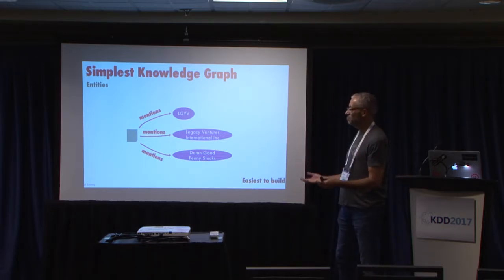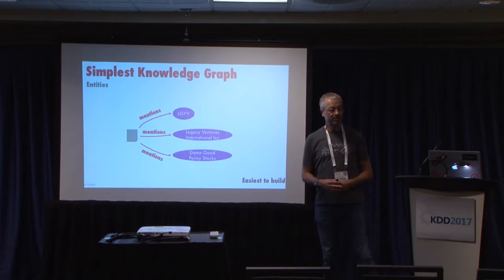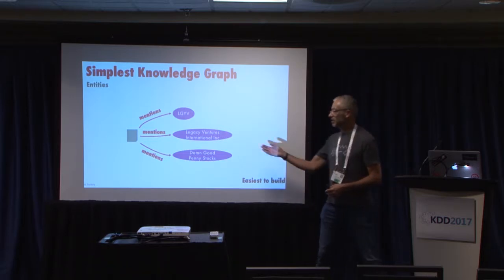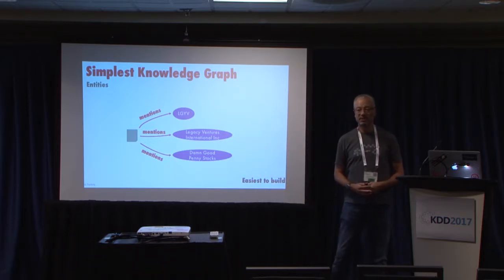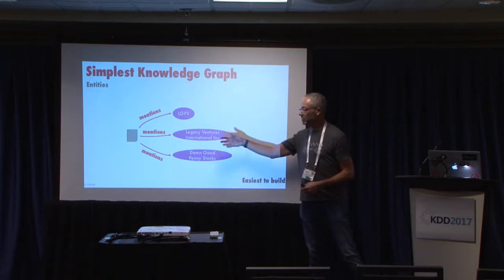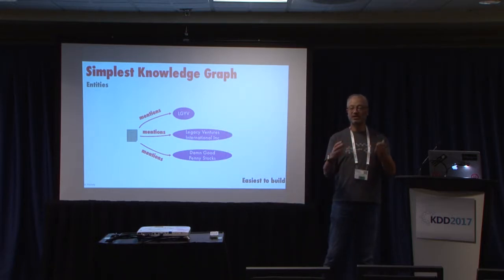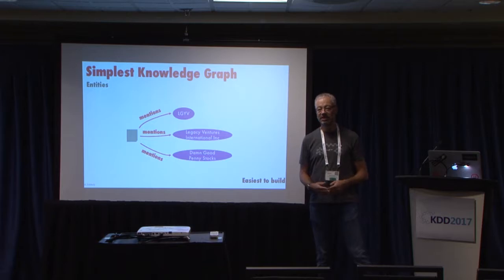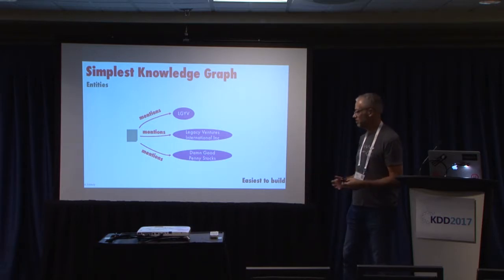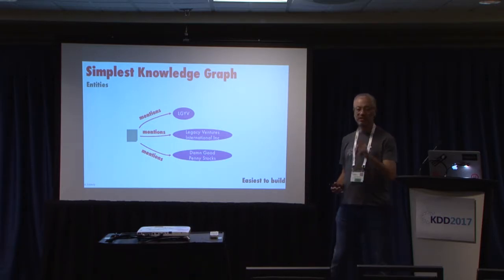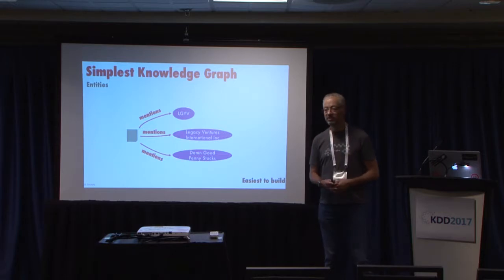You can make the pages be the subjects, and then you can extract certain terms from them, and they would be the objects, and then you say this page mentions this person. Now, this is a pretty boring knowledge graph because it only has one relation, mentions.